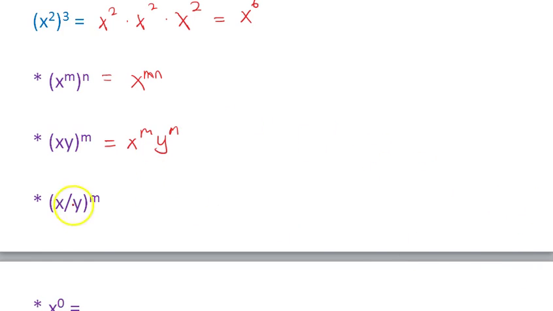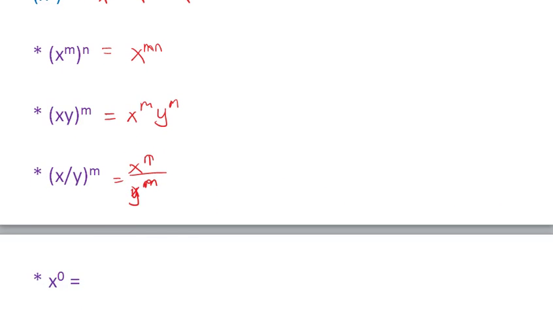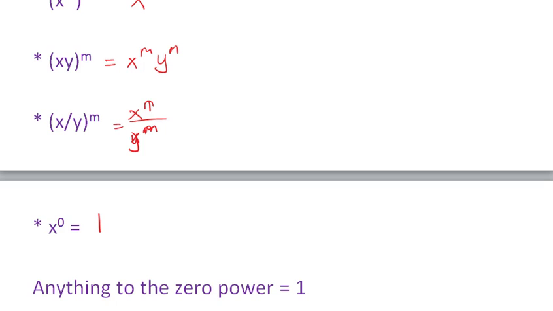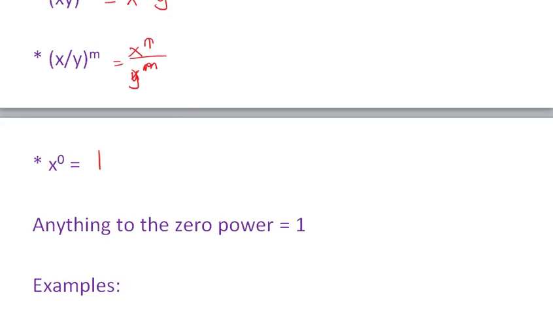Or if it was a fraction, that would be x to the m over y to the m. So that power applies to everything in the parentheses. The last rule most people know, anything to the 0 power is 1. So x to the 0 power is 1. And if you need to write that down, write that down.